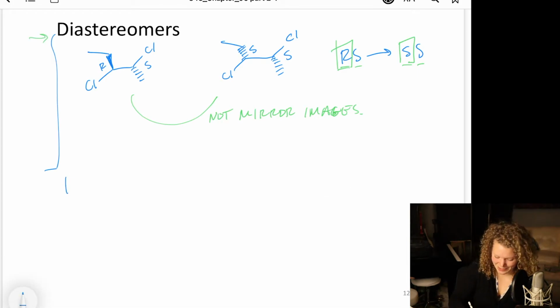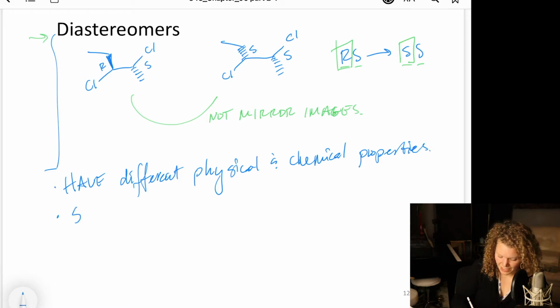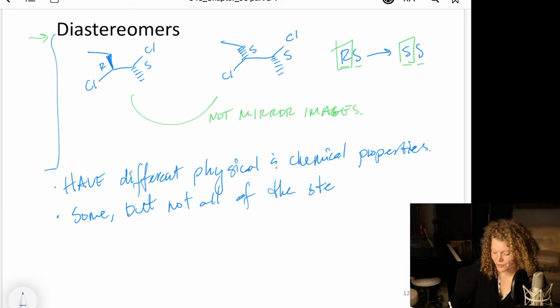Let's talk about diastereomers. They have different physical and chemical properties. And some, but not all, of the stereocenters switch.